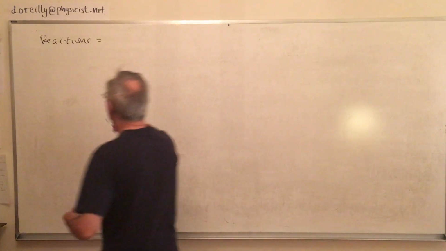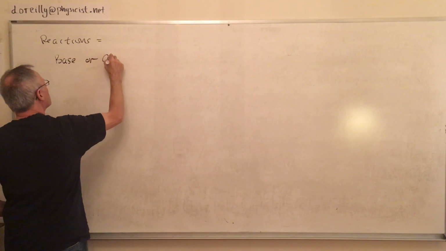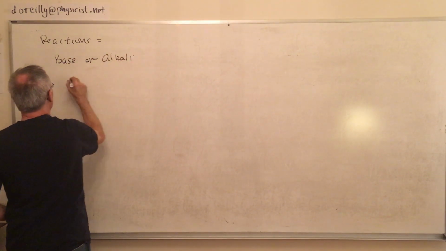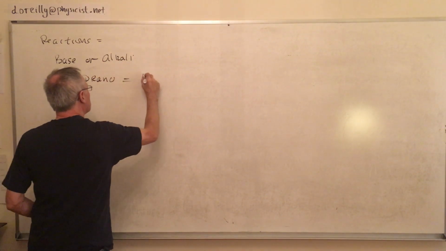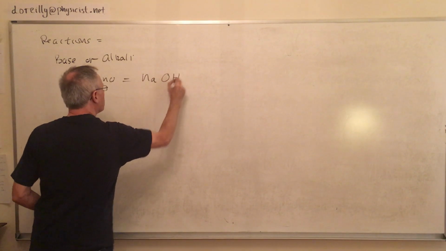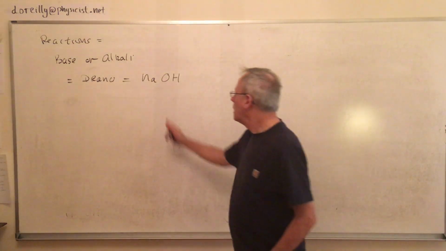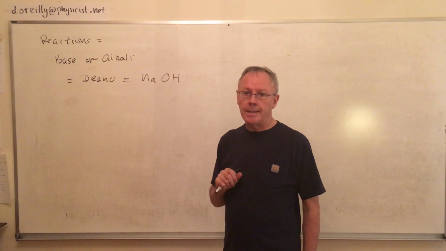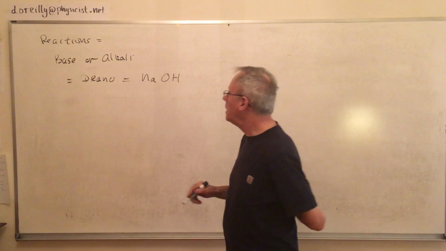Here is a base. A base is the opposite to an acid in a way. It carries the OH radical in it, right? Now, what happens when we throw an acid in here?